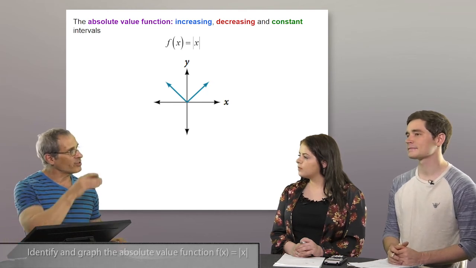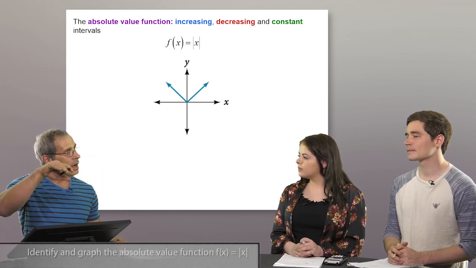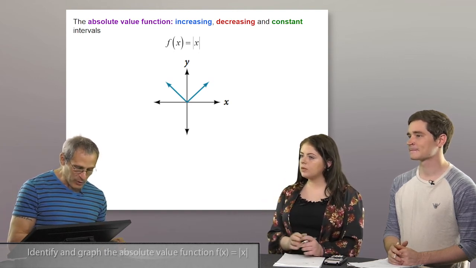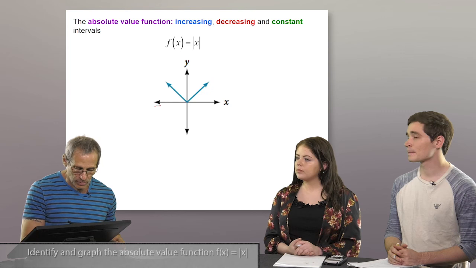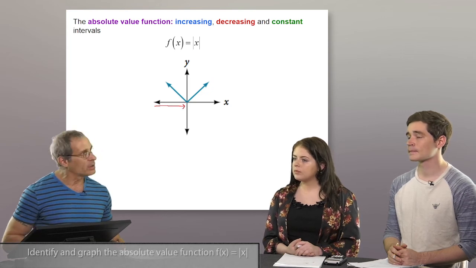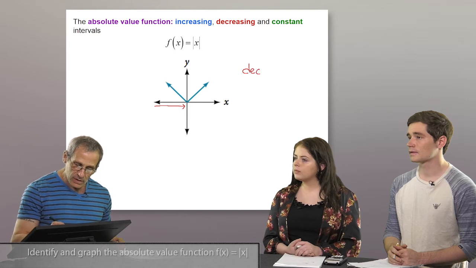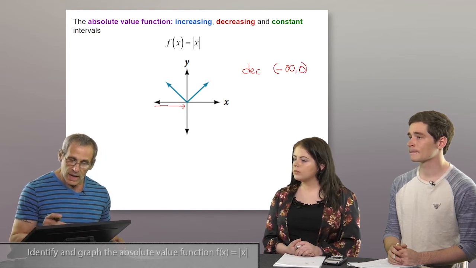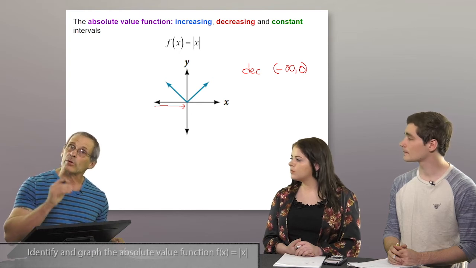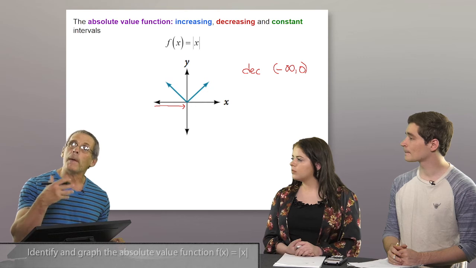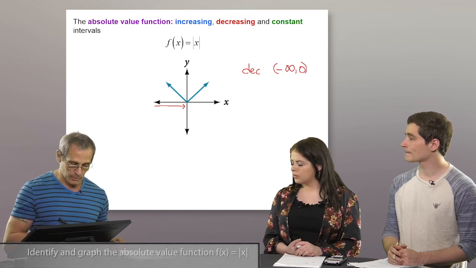This particular graph seems to go down and then up. So let's take a look at where the graph goes down. That seems like it's from negative infinity all the way to 0. So my graph is decreasing from negative infinity to 0. These intervals are always in terms of the inputs, the x values, and we're always going to use parentheses to write them.